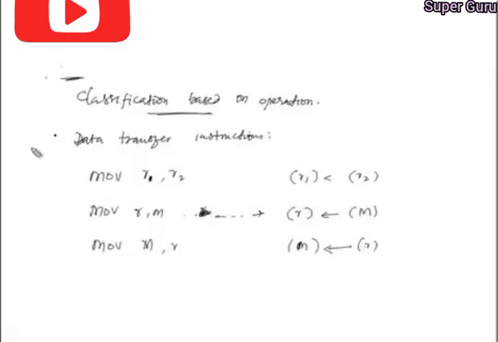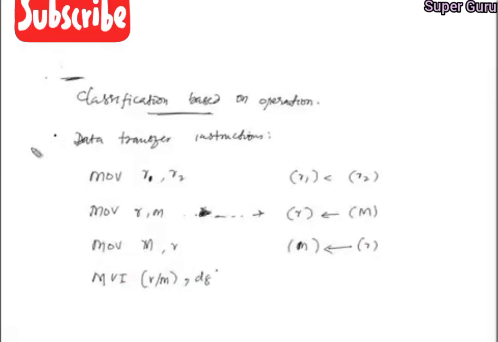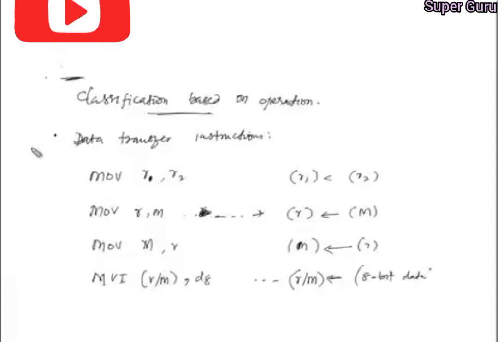Then another instruction, MVI, move immediate, comma D8. Here the 8-bit data, that is D8, will be immediately moved to a register or memory.